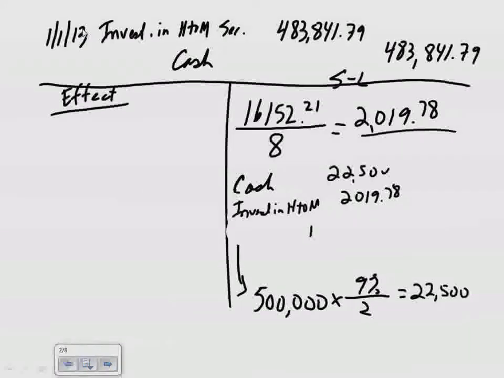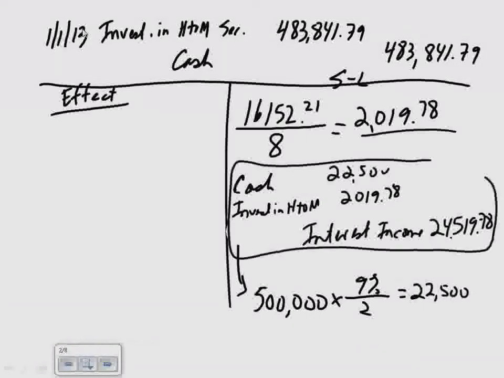And that means interest income is going to be $24,519.78 each period. Now, because this is a straight line method, it's easier, and that's going to be the journal entry every period until these bonds mature.